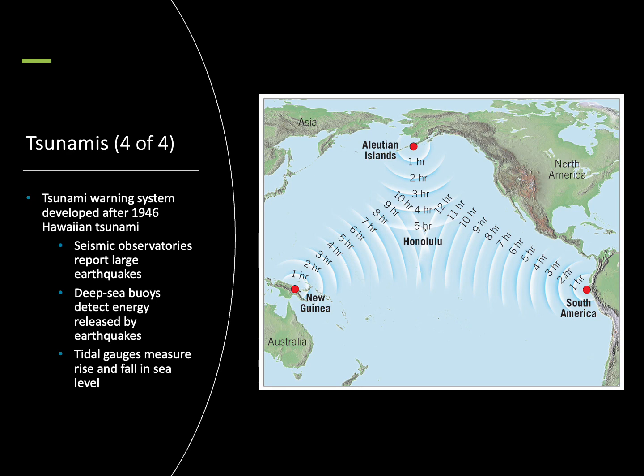Usually in the middle of our oceans, because they're so deep, the water at the surface doesn't move up and down very much. But if we have a megathrust fault move and release in earthquakes, these deep sea buoys can start detecting the energy by just the changing height of the tidal gauges.